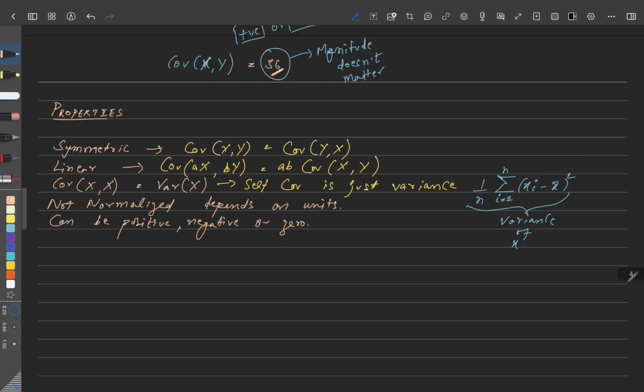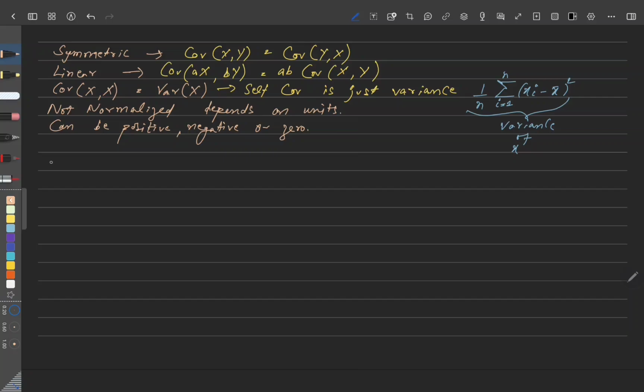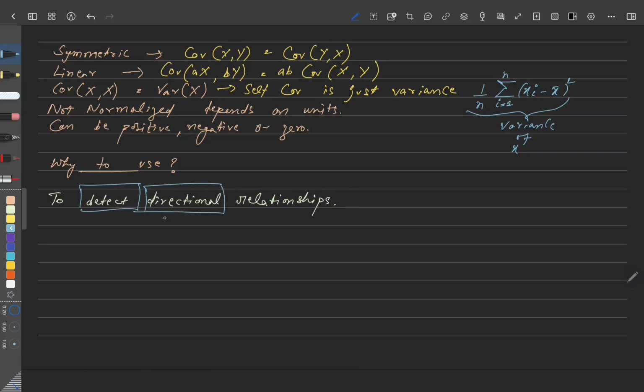And now the next is why use covariance. The simplest answer is to understand or detect directional relationships, positive or negative.